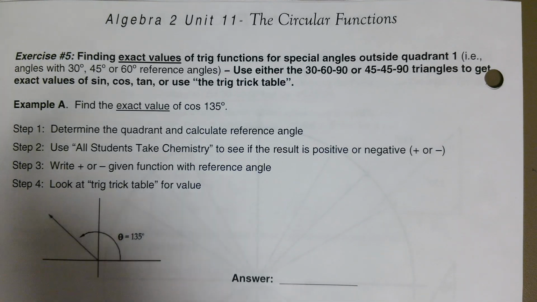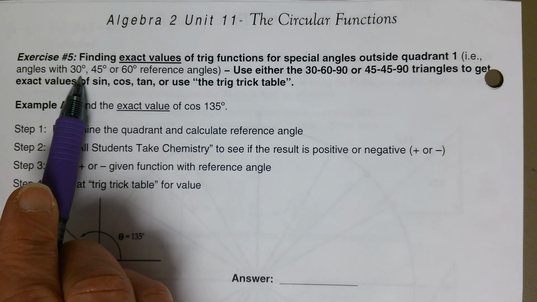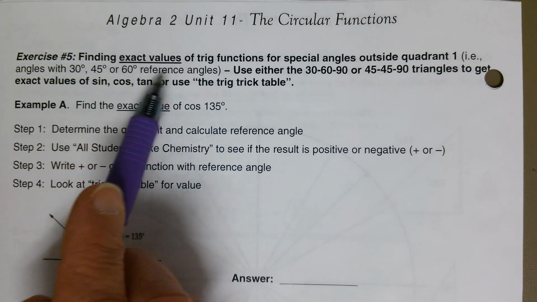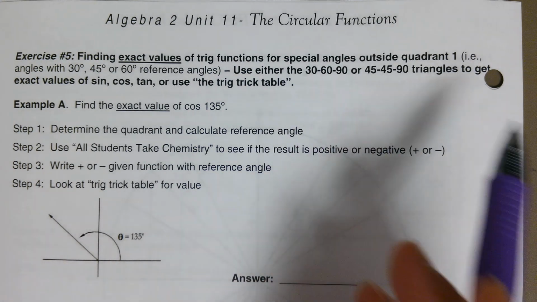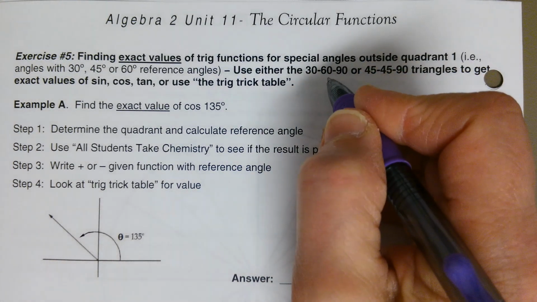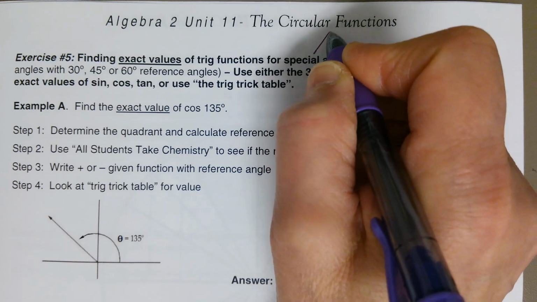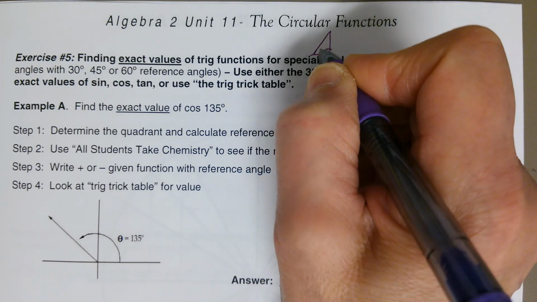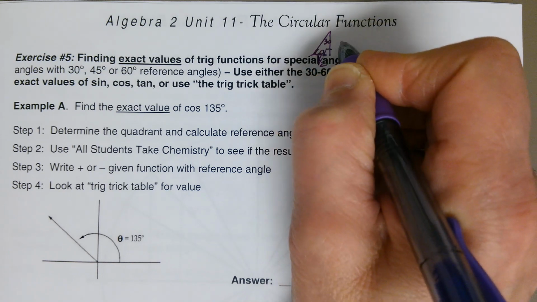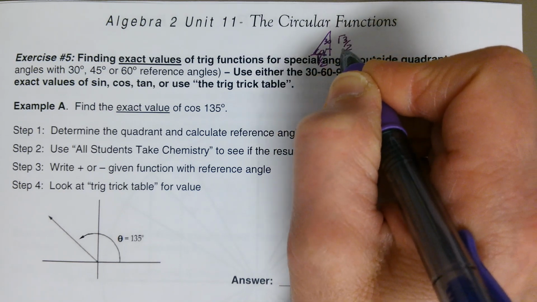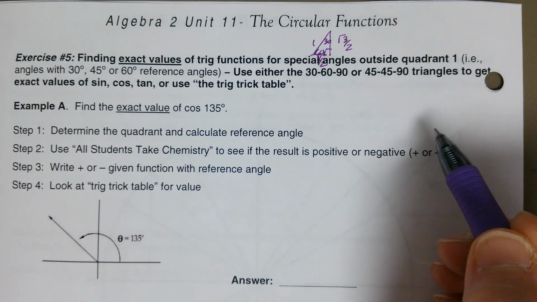So our special angles are our 30, 45, 60 reference angles. So we'll either use our special right triangles, in that you would have to know that for our 30, 60, 90 degree right triangle, opposite the 30 is a half, opposite the 60 is square root of 3 over 2, and hypotenuse is 1.